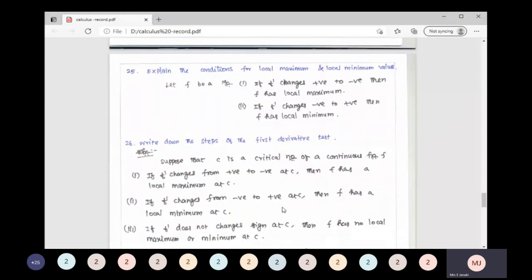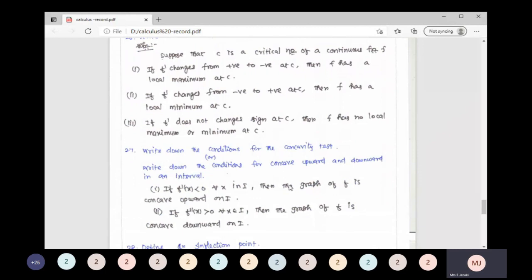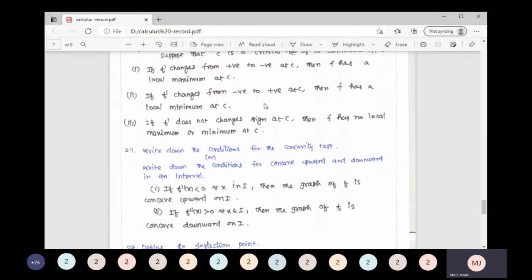Next, the first derivative test. This is the first derivative test. Suppose that c is a critical number of a continuous function f. The condition is: if f' changes from positive to negative at the particular point c, then f has a local maximum.